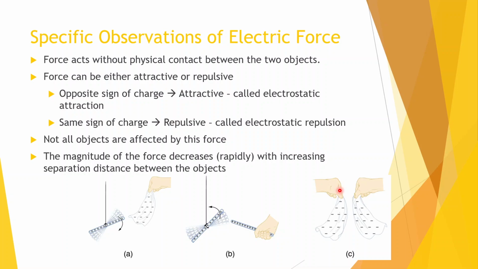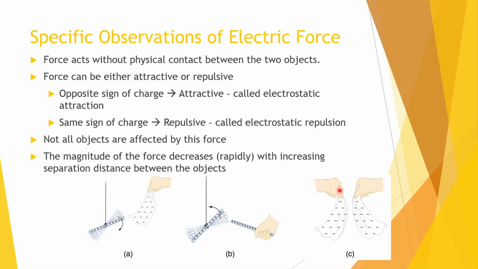But if we have two opposite signs of charge, then we will have an electrostatic attraction between the two objects. And if we have the same signs, we will have an electrostatic repulsion. So they would not be attracted to each other, they would repel each other, or be repulsive.